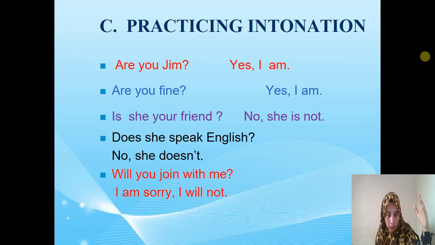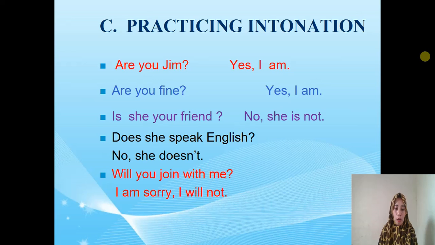In rising intonation, the pitch of the voice goes up, and in falling intonation, the tone of the voice goes down.